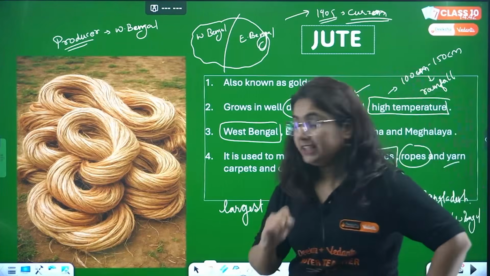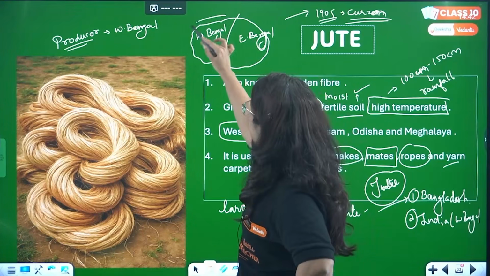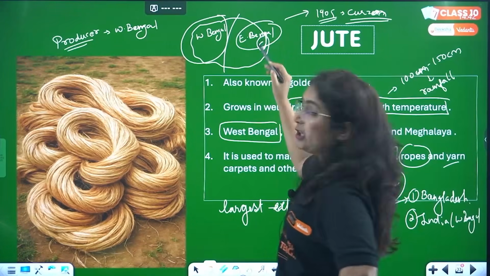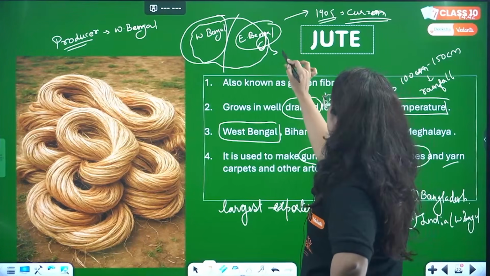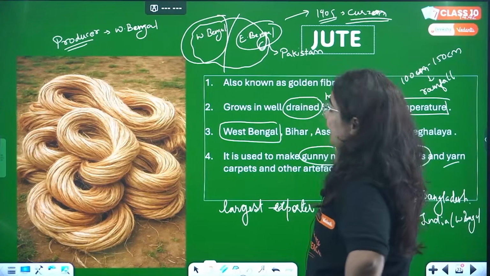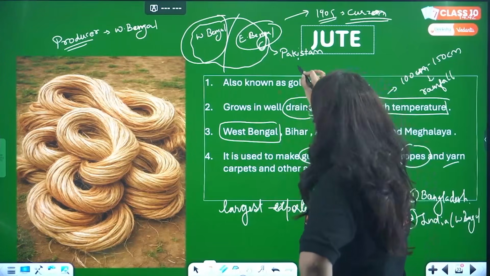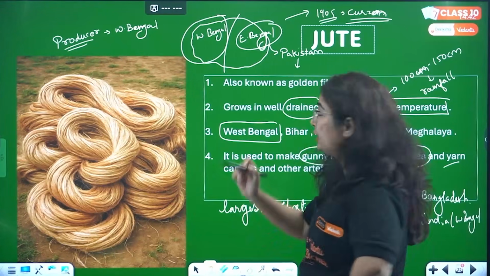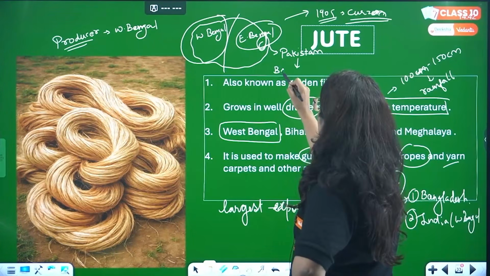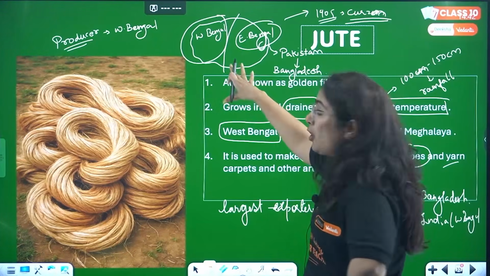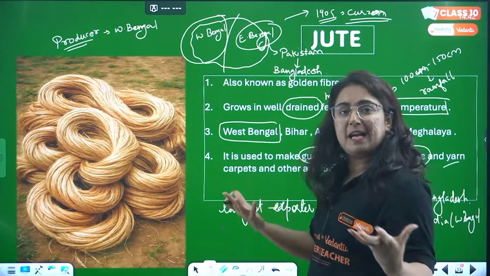Let me tell you, beta, what happened: this part came with India, and this part, East Bengal, first of all became part of Pakistan. Then there was a war in which India supported, and Prime Minister Indira Gandhi had a role in it. After that it came to be known as Bangladesh. So the geography of this region is actually the same.